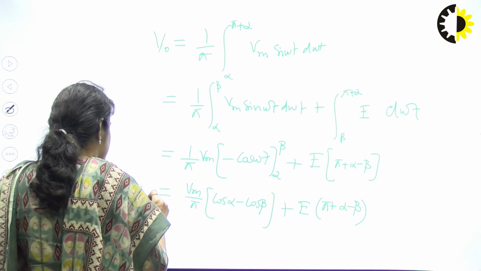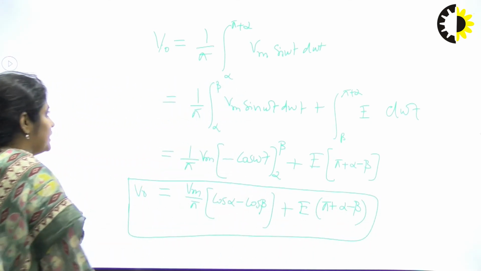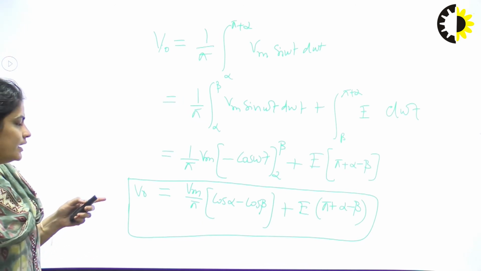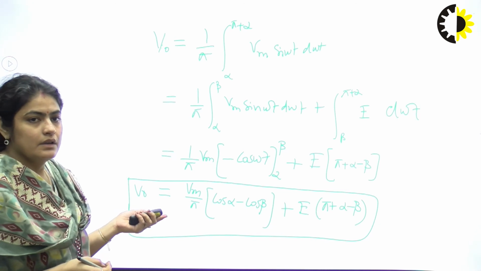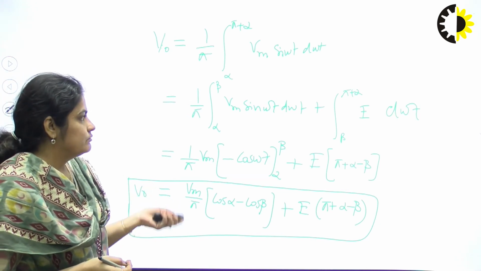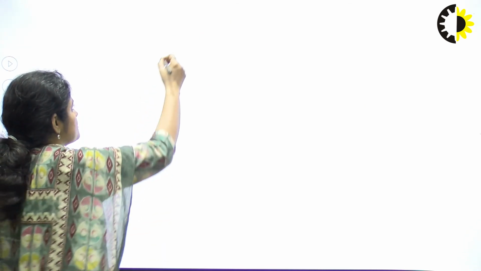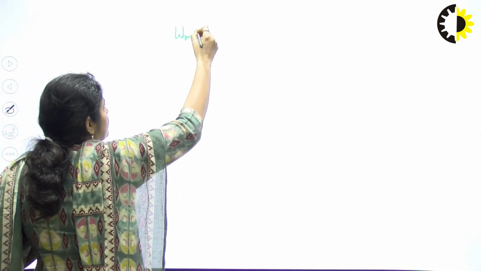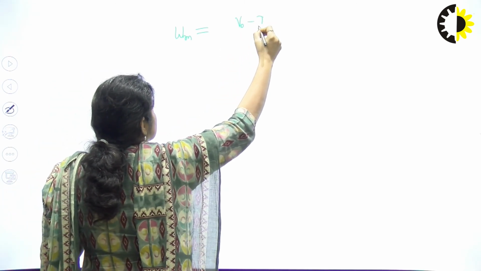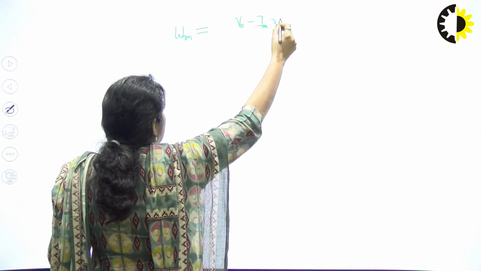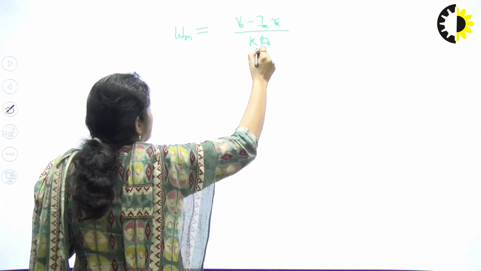So this is how you are getting the output voltage, right? Now we can see also the speed of the motor with respect to your output voltage. So speed can be written as V0 minus Ia Ra upon Ka phi a.